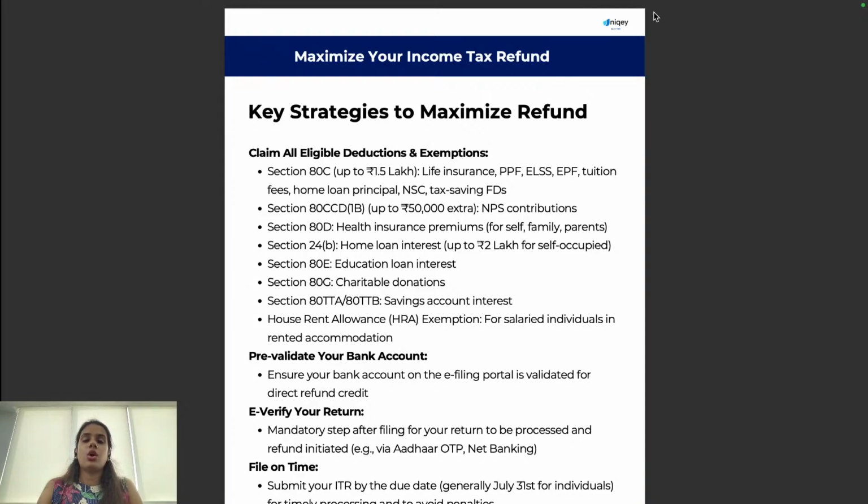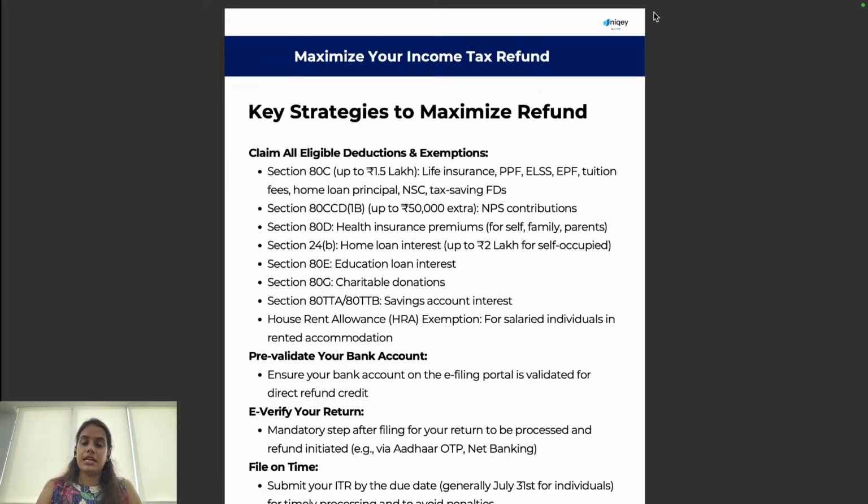There are a lot of exemptions and deductions which the government is providing. It's about how we utilize those. For example, 80C, 80CCD, 80D, 24B, 80E, there is a list of sections in which the government has provided proper exemptions and deductions.